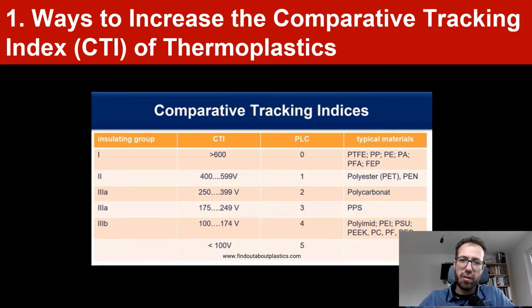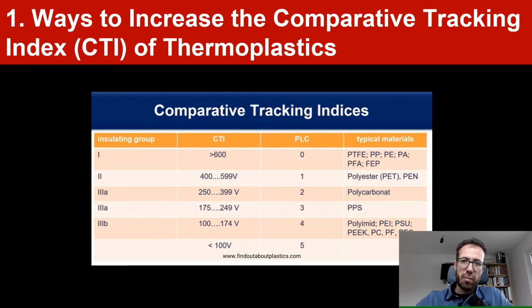So when you think of aliphatic and semi-aromatic polymers, polyamides, polyolefins, fluoropolymers, and also polyesters, they show a high resistance to form a conductive carbonized path. When you take a PPS, polyphenylene sulfide, it is more likely to form a conducting carbonized path, and this together with a low tracking resistance.